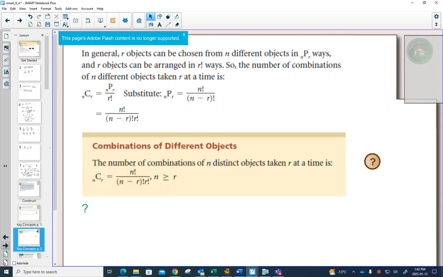And remember how we hardly use the nPr formula? The combinations formula we will actually use a lot more, because there's not a spaces method for it. So to recognize when something doesn't have order and is a combinations question, you are going to use the formula.